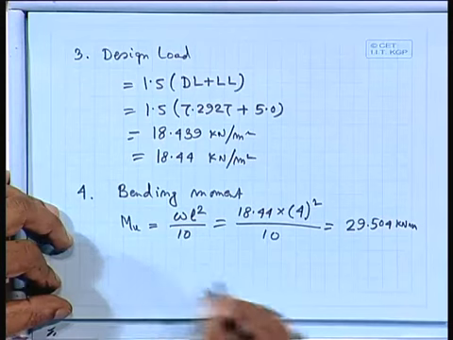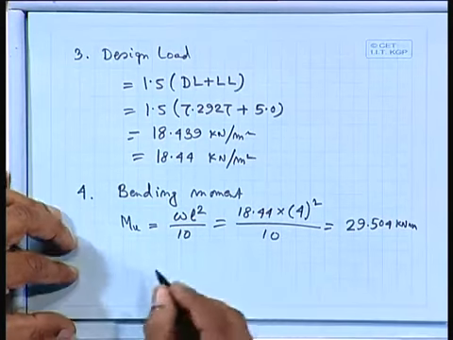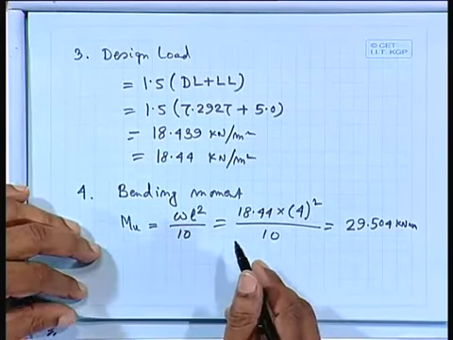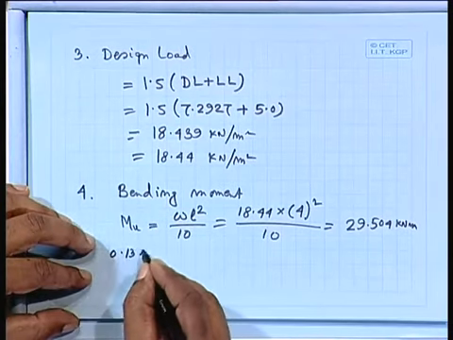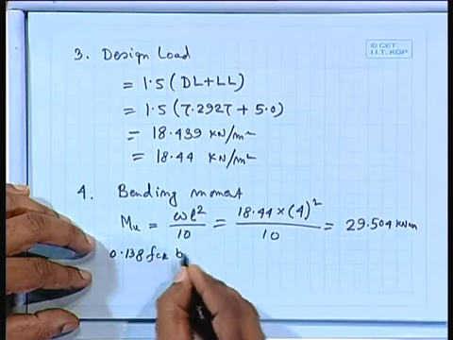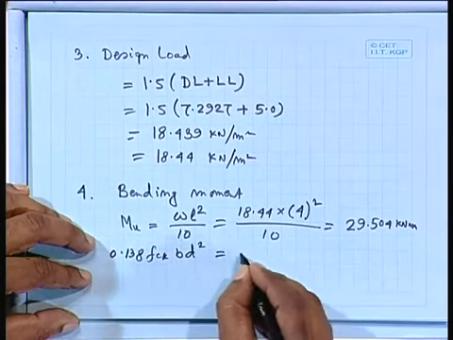Now we have to check whether the depth we have got is correct or not. So that we can find out from 0.138 FCK BD square equal to Mu.